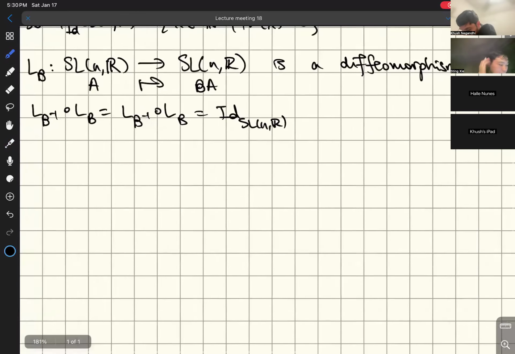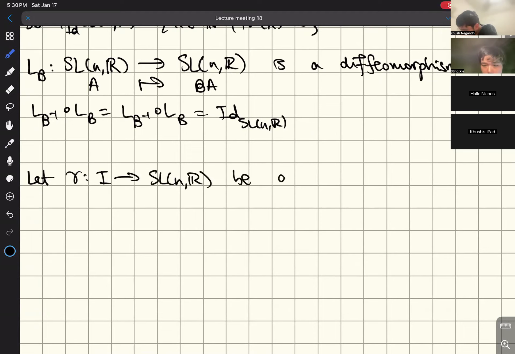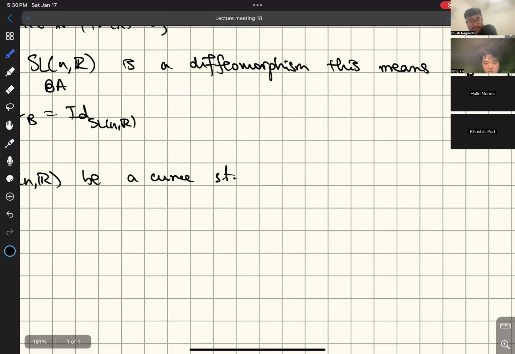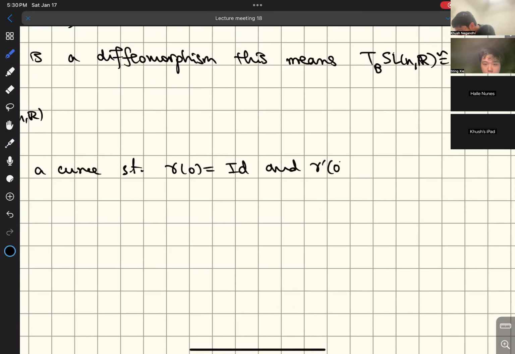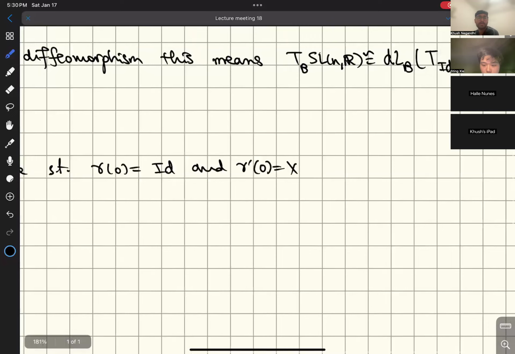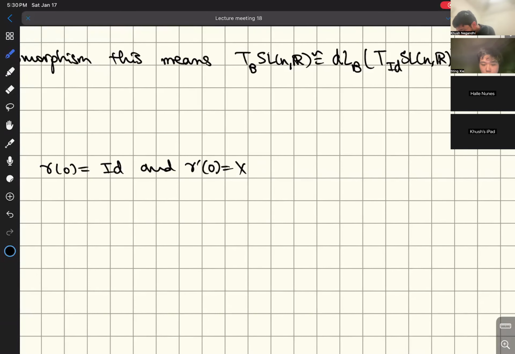So let gamma, from some interval into SLNR, be a curve such that gamma of 0 is the identity and gamma prime of 0 is X. In other words, X is equal to d/dt at t equals 0 of gamma of t.